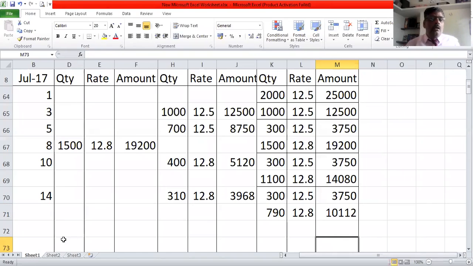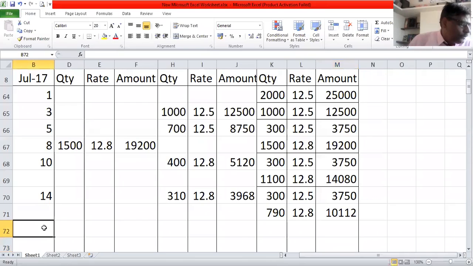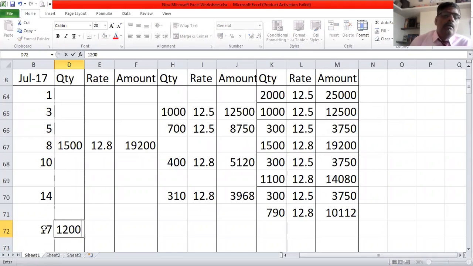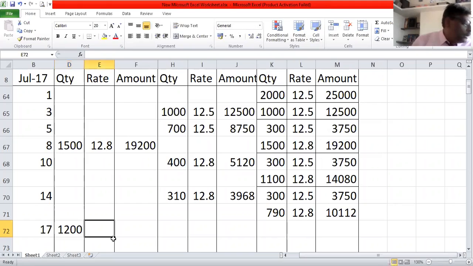Now come to the next date, 17. There is a purchase of 1200 units. Purchase is recorded in the receipt column: 1200 units, rate is 12.70.